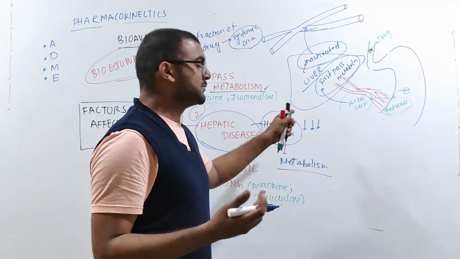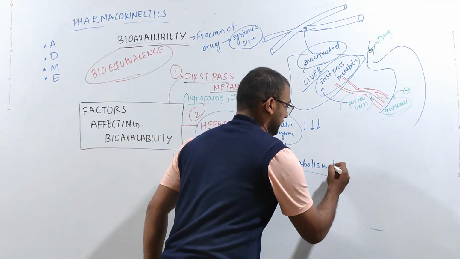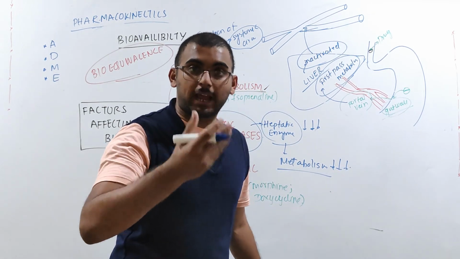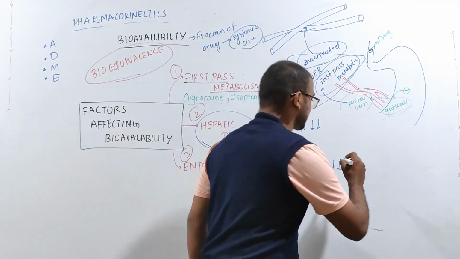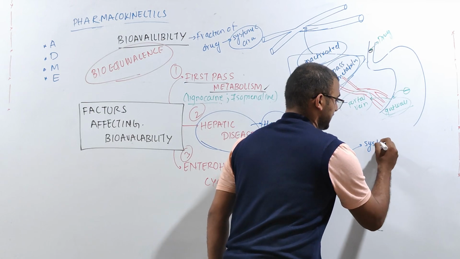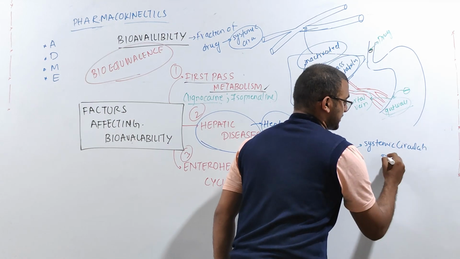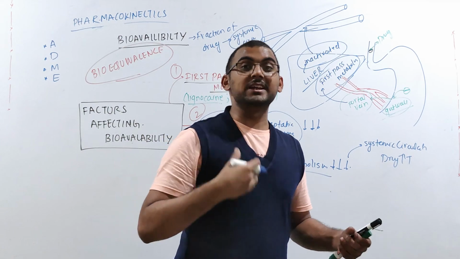If hepatic enzymes are not there, will metabolism happen? No, metabolism will not happen. So what will happen? The bioavailability of the active drug in the systemic circulation will be increased, the drug concentration will be more.